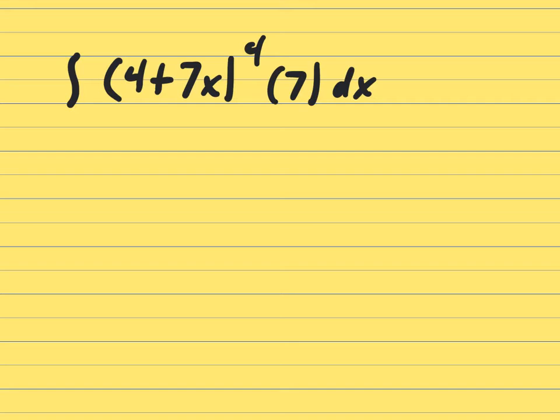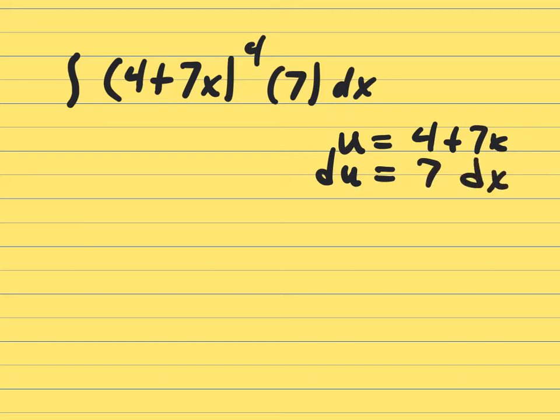If we let that be substituted by a single letter, u, very common, and we take the derivative of both sides, the derivative of 4 is 0, the derivative of 7x is 7, and because it has a variable x, we're going to put dx.